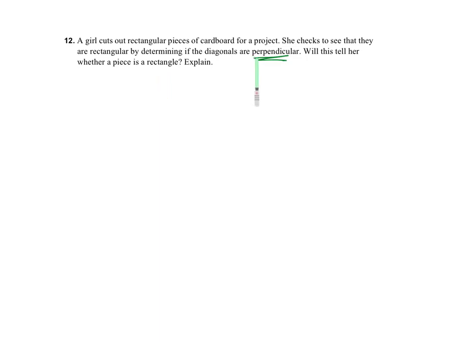Why? Because the diagonals of a rectangle are not necessarily perpendicular. So no, right? She should check if the diagonals are congruent.